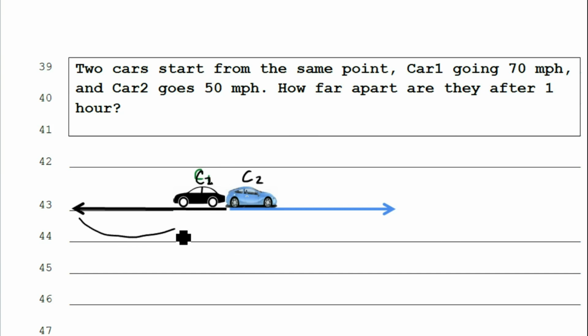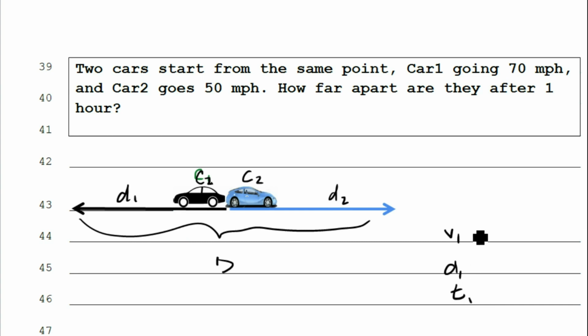And the distance they are apart is d. This would be d1 and this is d2. And what do we know about these cars? We've got v1 going 70 miles an hour. We don't know the distance, but we know the time equals 1 hour.